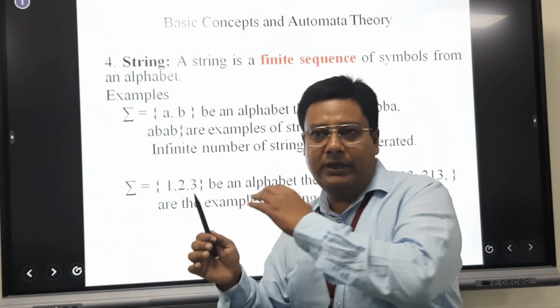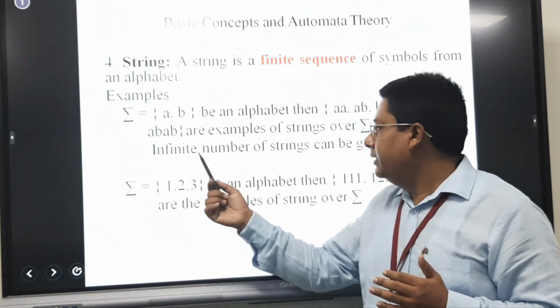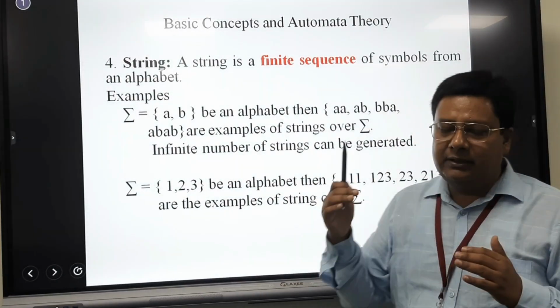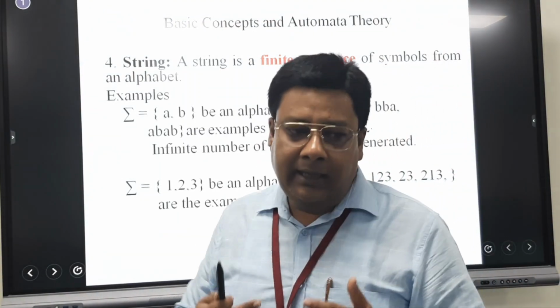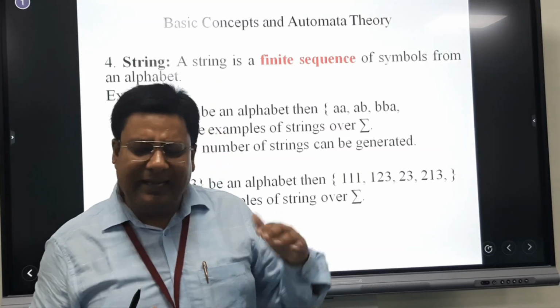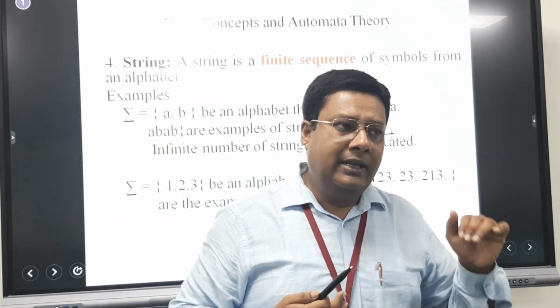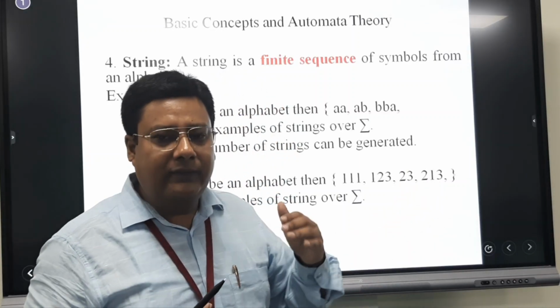These are four particular strings I have designed here, but a very large number of strings can be generated, like aa, bb, aaa, bbb, ab, series of ab. We cannot count them. This is infinite.